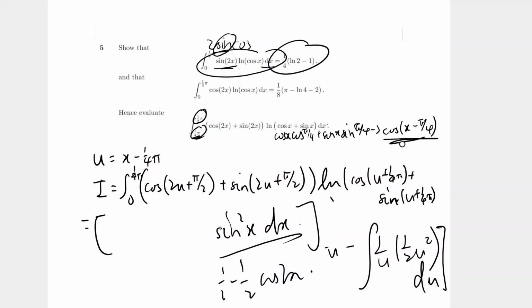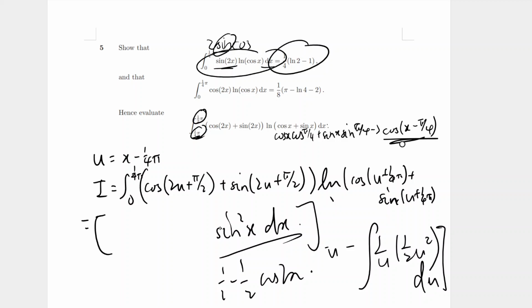And then what happens? Okay, observe. What can you do with the logs? Let me write this in a nicer way, putting the positive thing in front. This is ln root 2 over 2 plus ln cos u. Now break the bracket here and separate it.